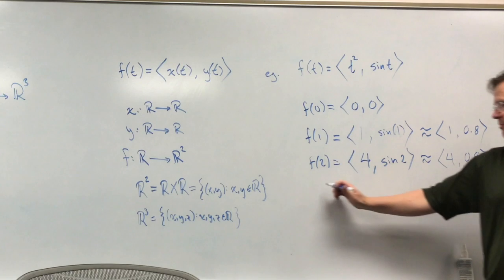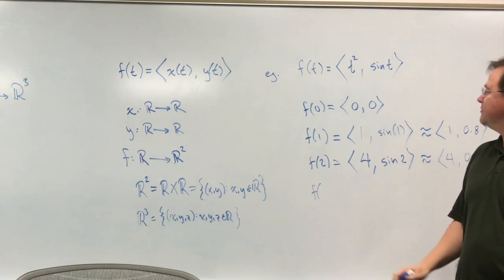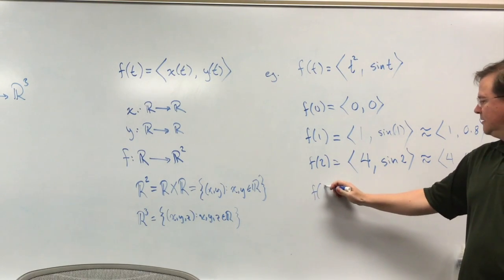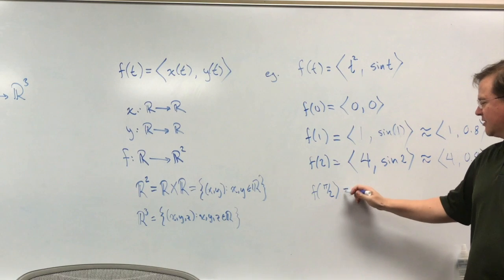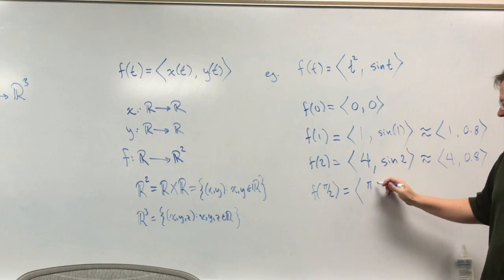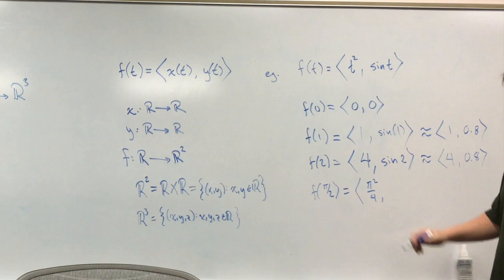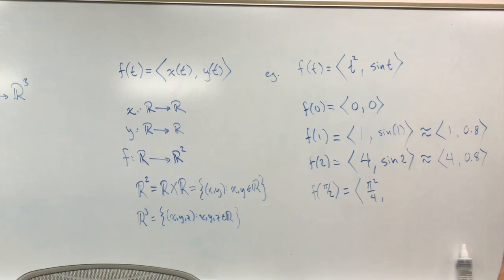Maybe it'd be better if I had plugged in something like pi over 2. But then it's harder to see what the x-coordinate is. At least I know that the sine of pi over 2 is 1.